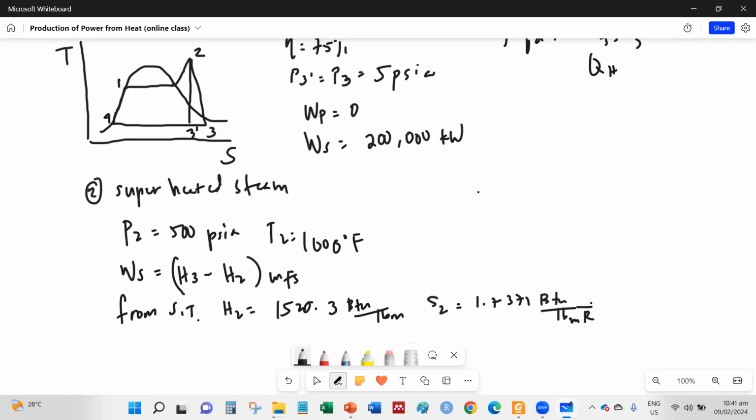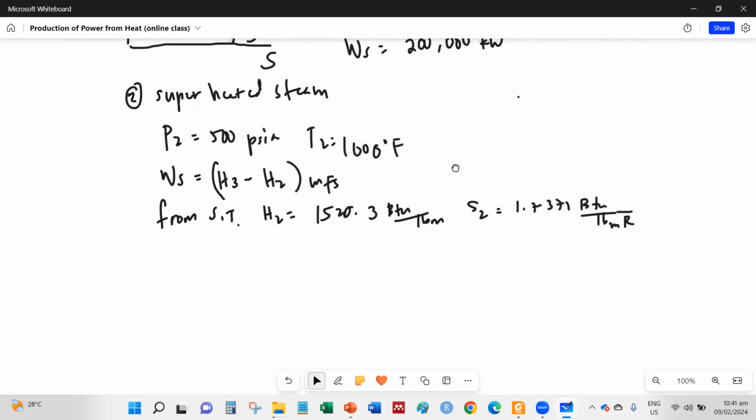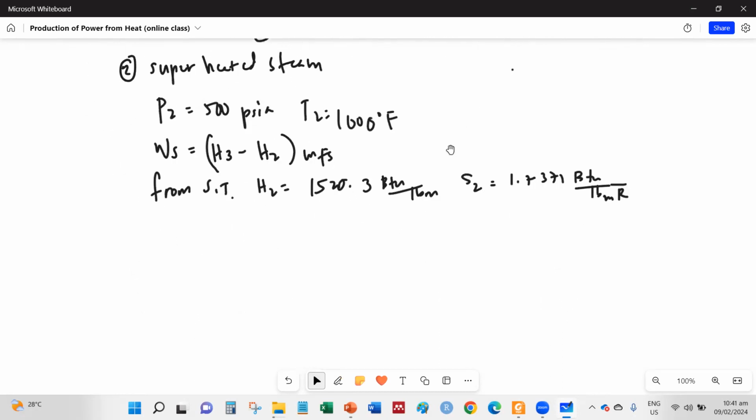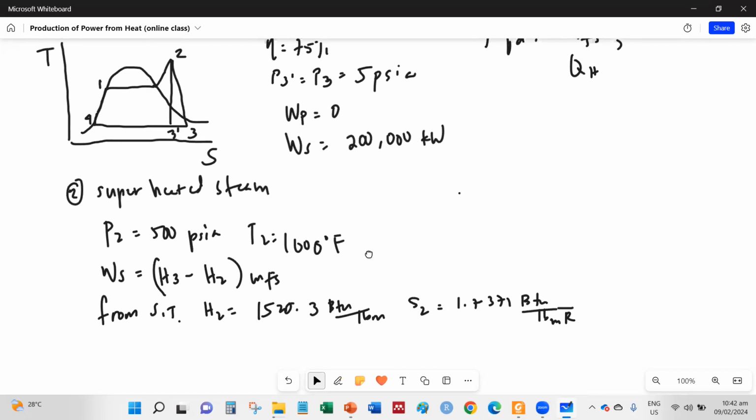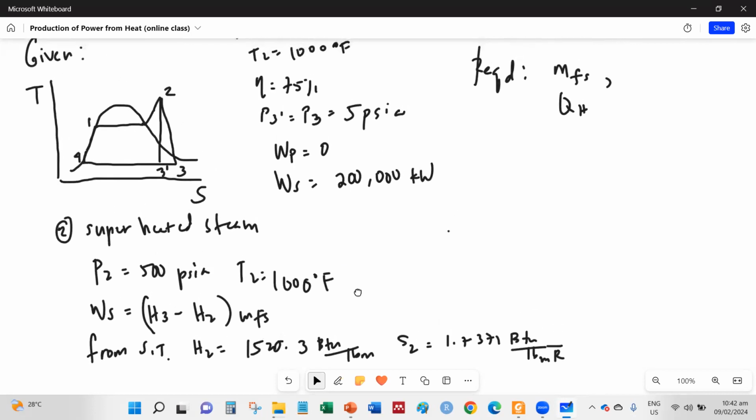So, next, what can we do? We need the value of H3. Okay? However, we don't have the details. We just know it's P3, but it's wet steam.